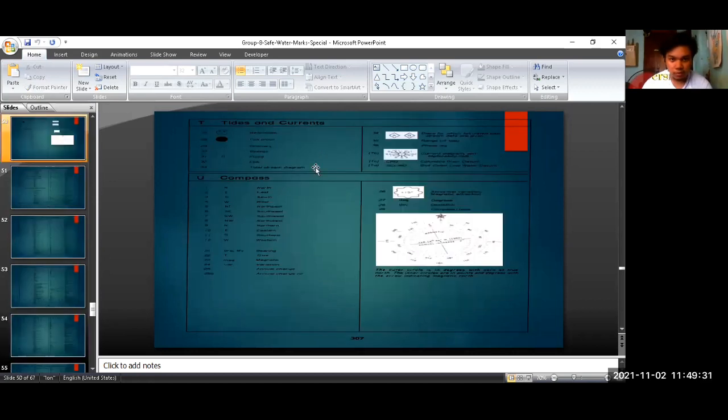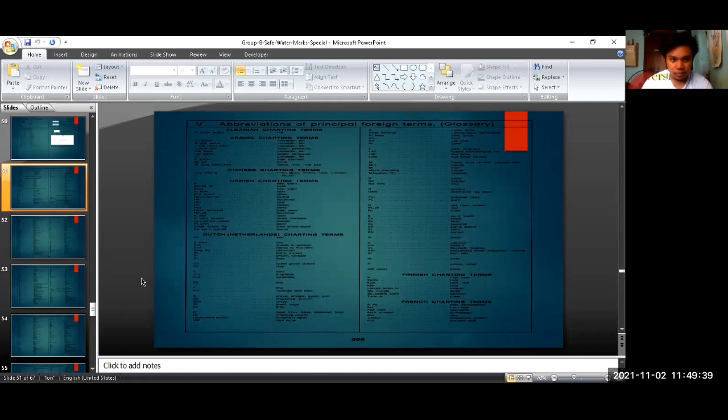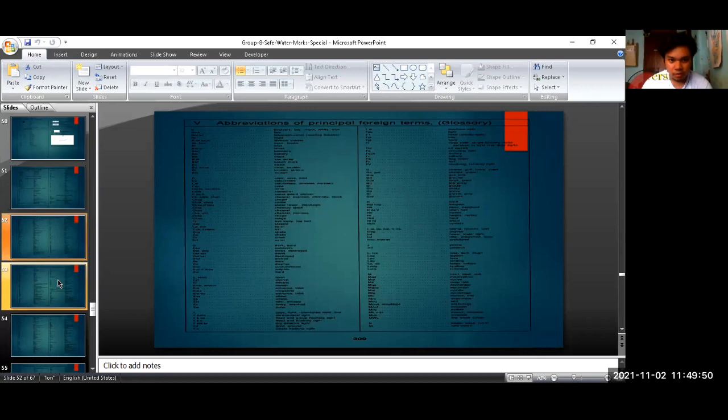Next is also tides and currents and compass. Next is the abbreviations of principal foreign terms, the glossary. Continuation.